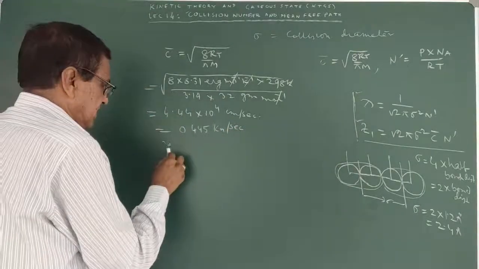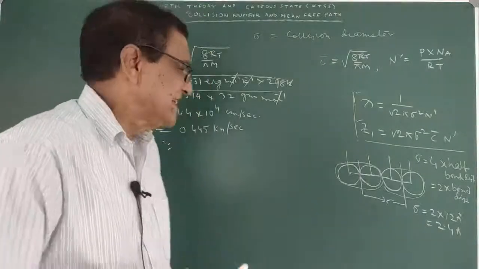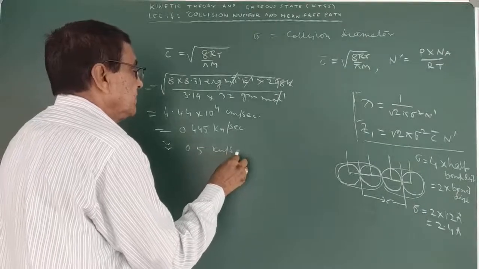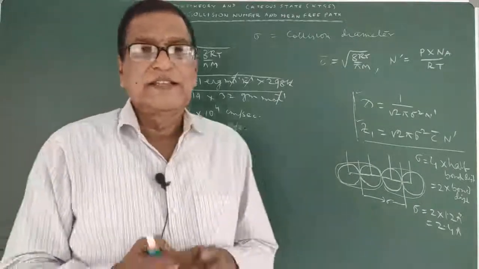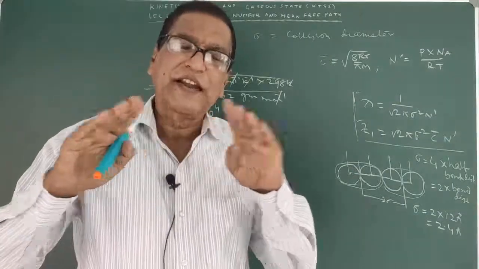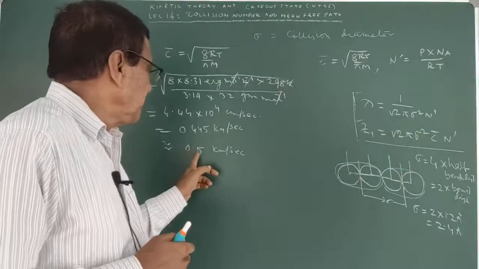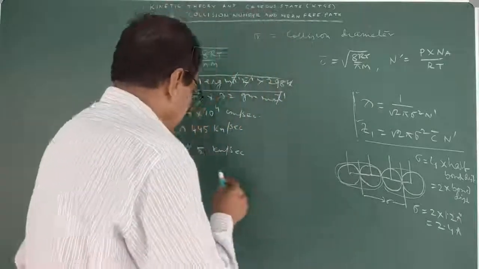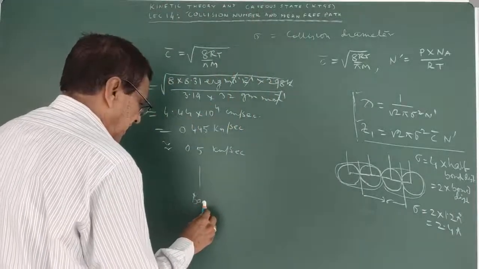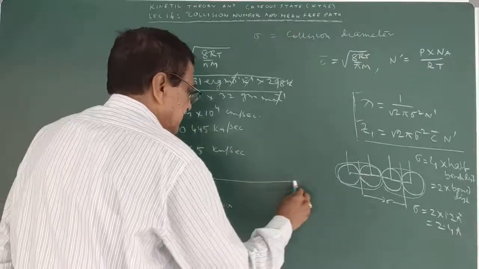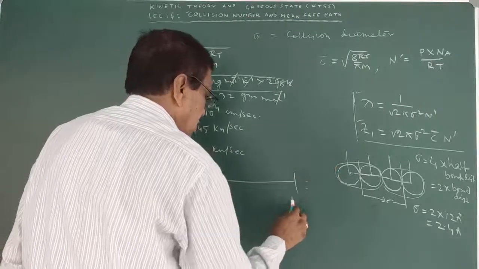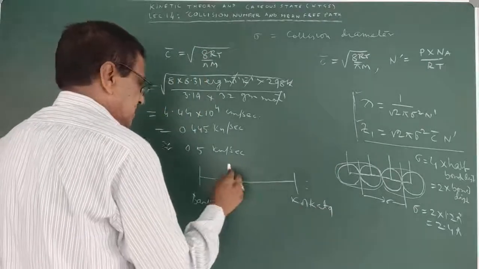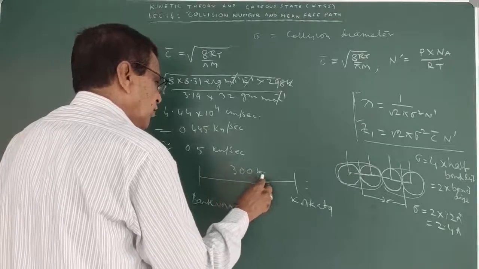I can give you one illustration. Say this is about 0.5 kilometer per second, meaning in 1 second this one oxygen molecule can travel almost half a kilometer. Say from here, it is Bankura, and suppose it is Kolkata, and suppose this distance is about 300 kilometer.